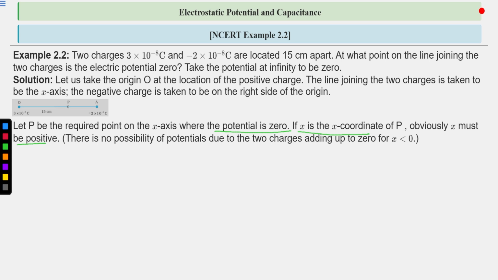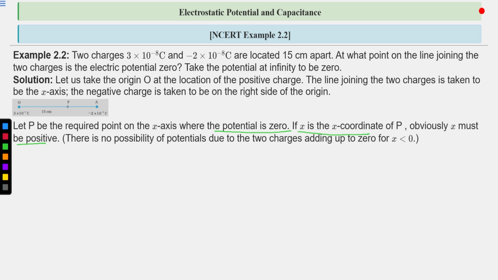This P can never be on the left side of the positive charge for this problem. Why? Because the positive charge has greater magnitude than the negative charge. So the zero potential condition can be on this line or on the right side of point A, but not on the left side because that side has more magnitude.